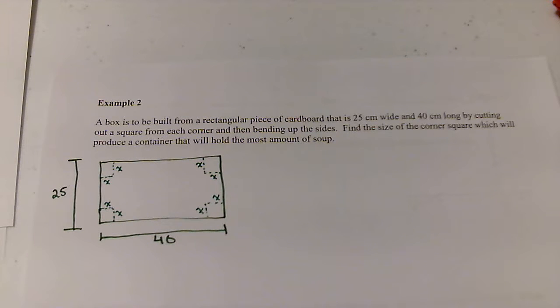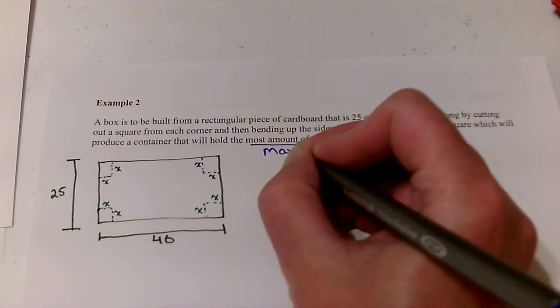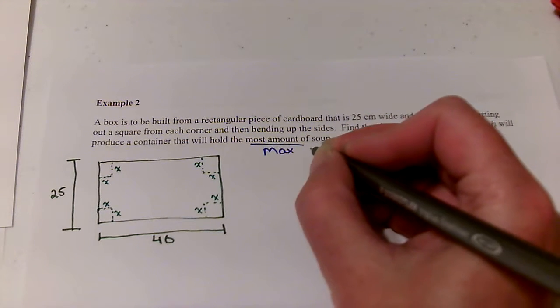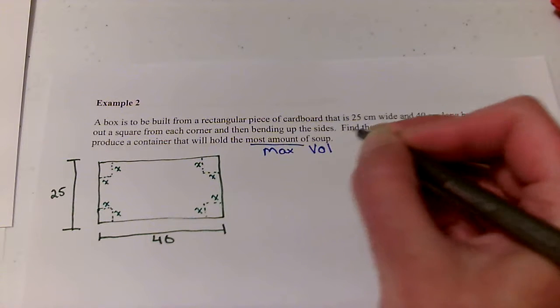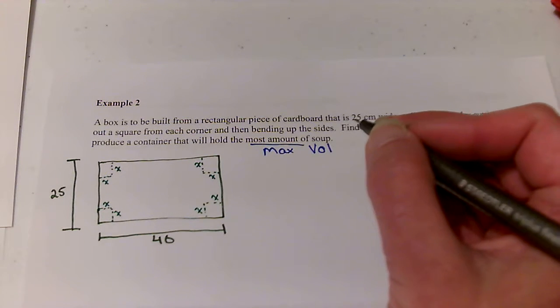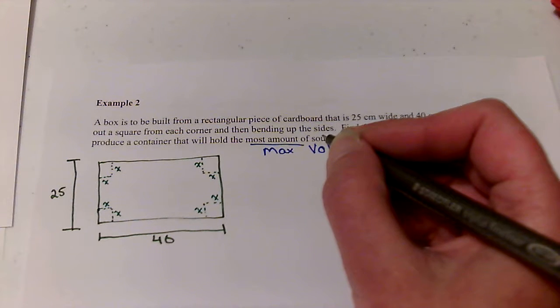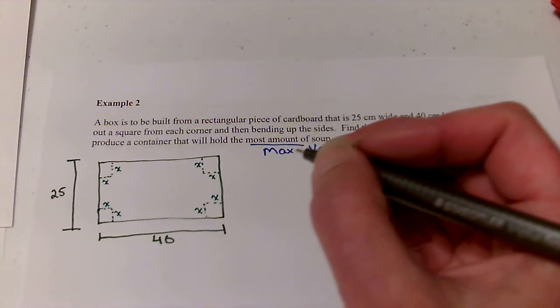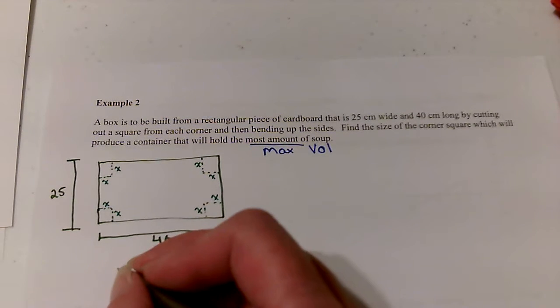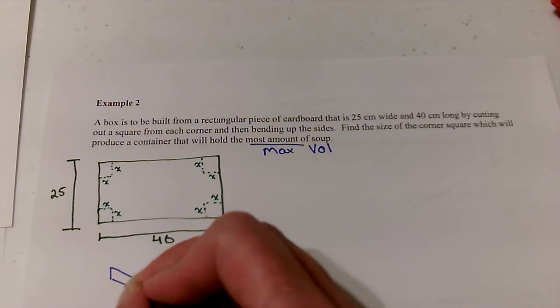So most amount means maximum, and of soup, that'd be max volume. So let's think about the volume of this box once I fold up the edges. We're going to have a box.